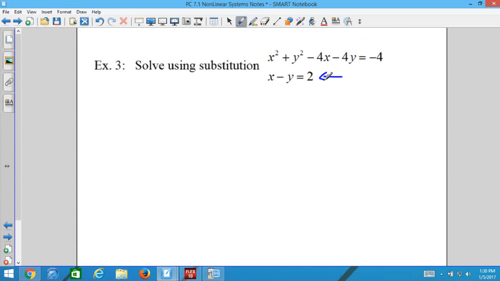And I'm going to use the second one to solve for x. So we solve for x to get y plus 2. We have to plug that into the first equation wherever we see an x, which is multiple locations.